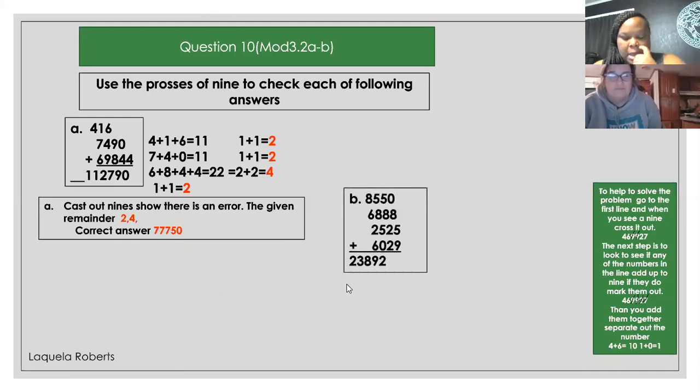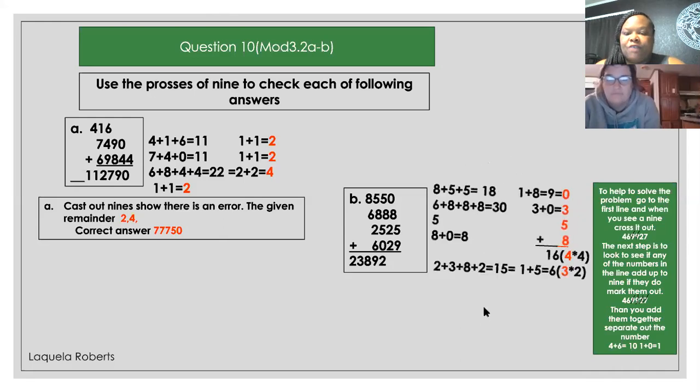Our next one, B, we have 8550, 6888, 2525, 6029. And we're going to add that up, and it's telling us it's 23,892.